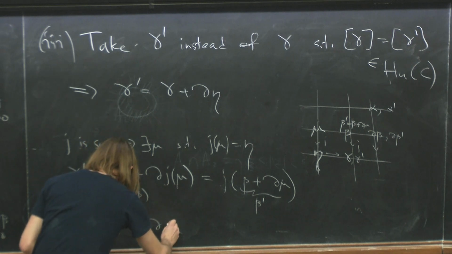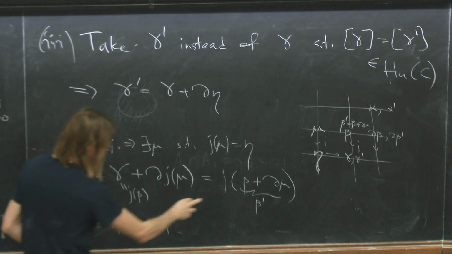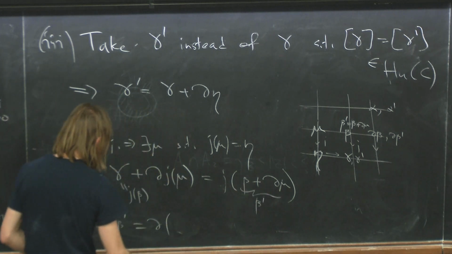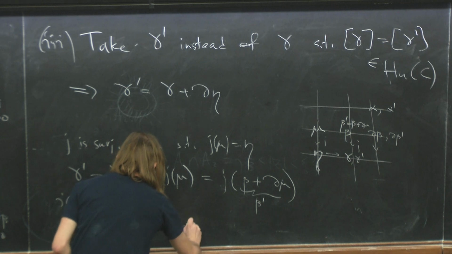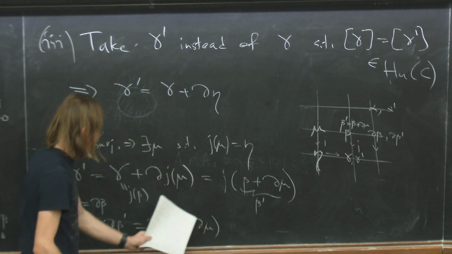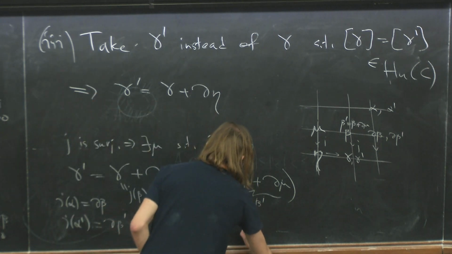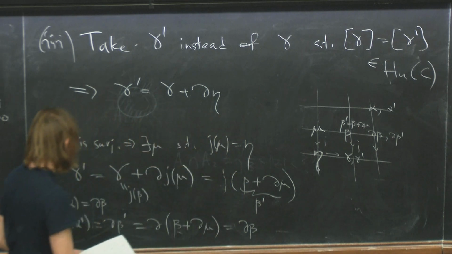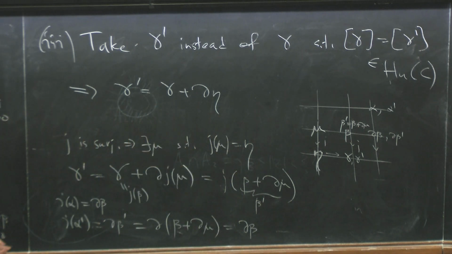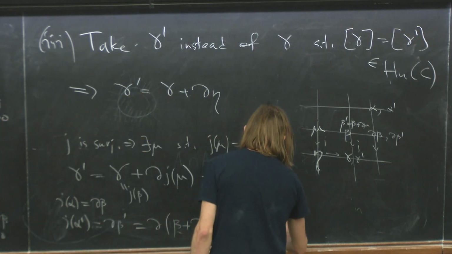And now we use the fact that the difference between beta prime and beta is given by d mu. This is the same as d of beta plus d d mu. But d composed with d is 0, so this is the same as d beta. So we arrived at the fact that I of alpha is the same as I of alpha prime, but we also know that I is injective.